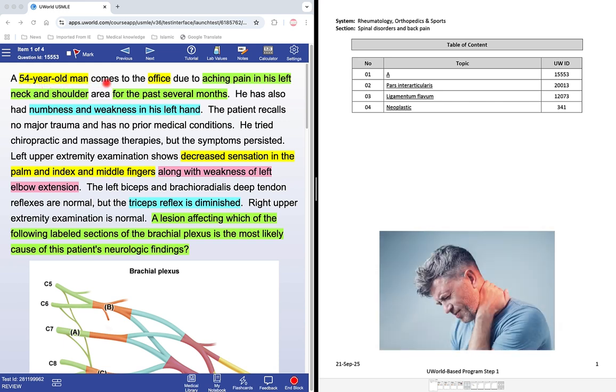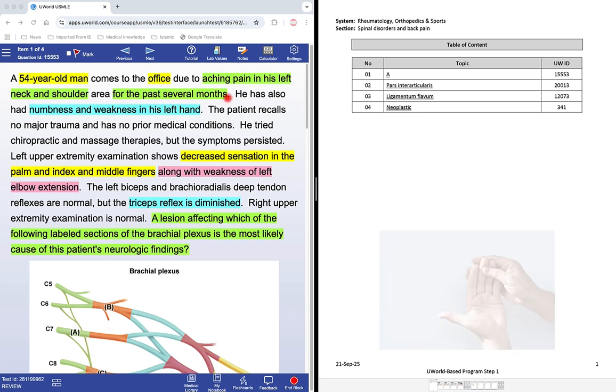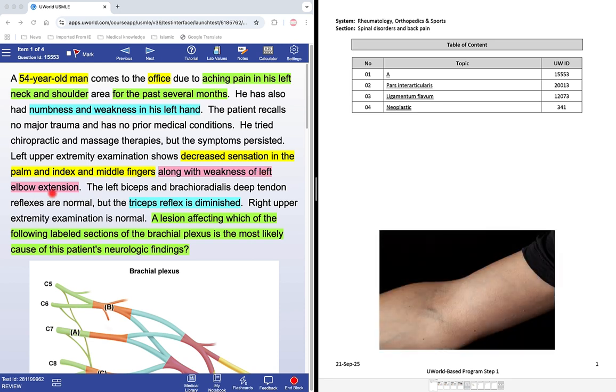A 54-year-old man comes to the office due to aching pain in his left neck and shoulder area for the past several months. He also has numbness and weakness in his left hand. Examination shows decreased sensation in the palm and index and middle fingers, along with weakness of left elbow extension.